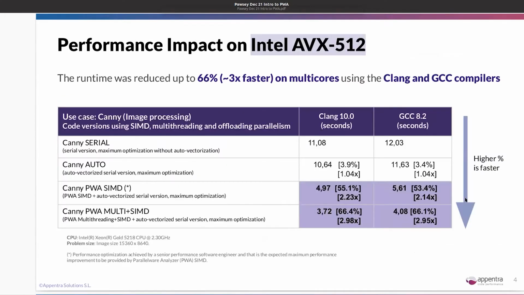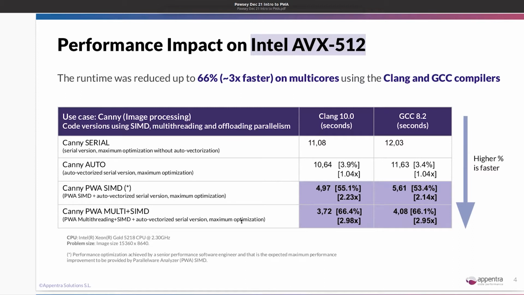For instance, in the case of the Canny example, which is an image processing algorithm that we will be using in the demo and that performs edge highlighting and edge detection of an image, on Intel AVX-512 processors we could achieve almost 3x speedup. And this is by performing some really simple optimizations that we will see later with Parallelware Analyzer.